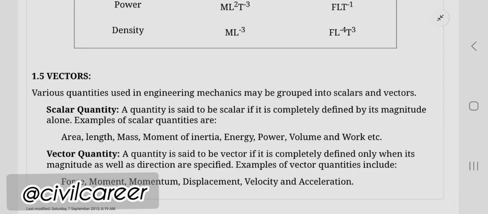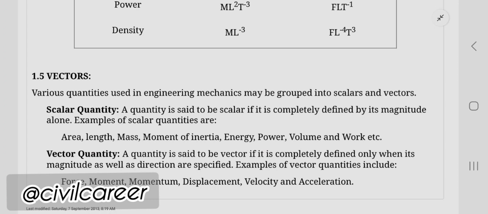Examples of scalar quantities are area, length, mass, moment of inertia, energy, power, volume and work, etc. These are defined only by magnitude but not direction.